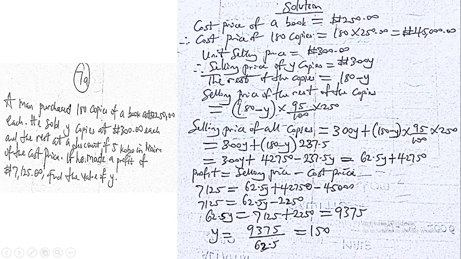That gives us 180 times 250, so the person spent 45,000 naira buying all the 180 books.